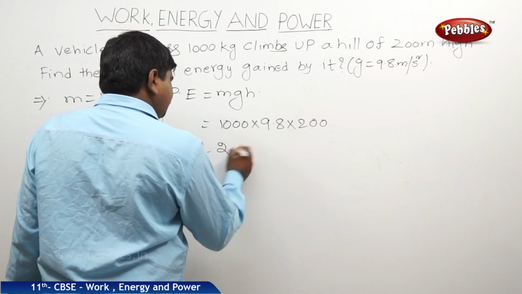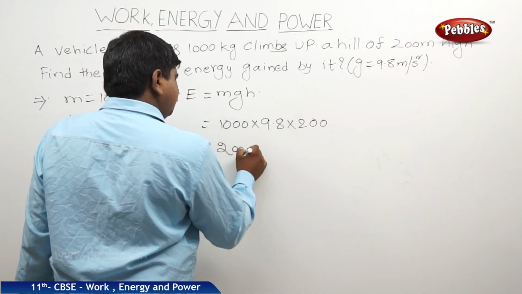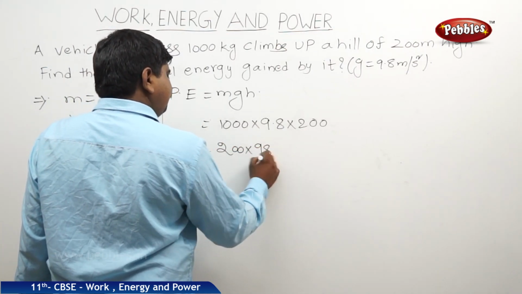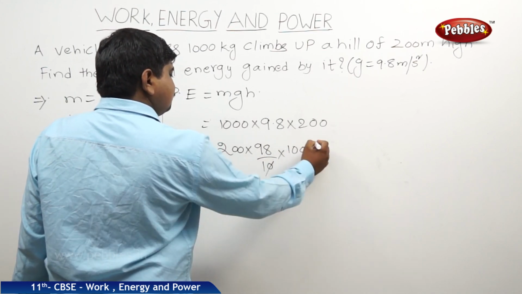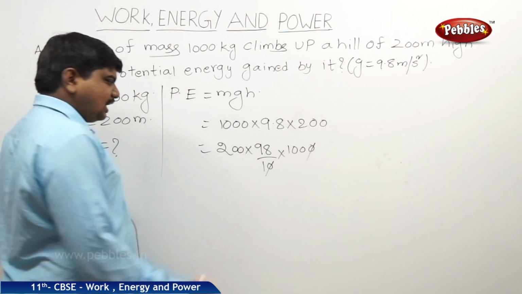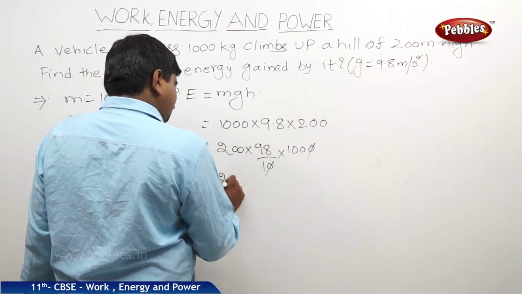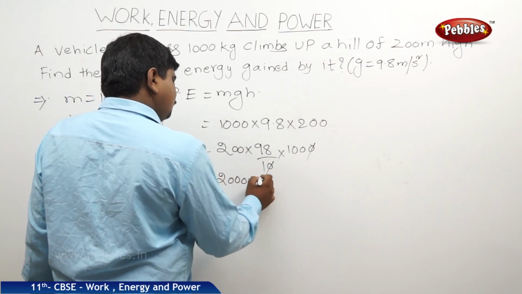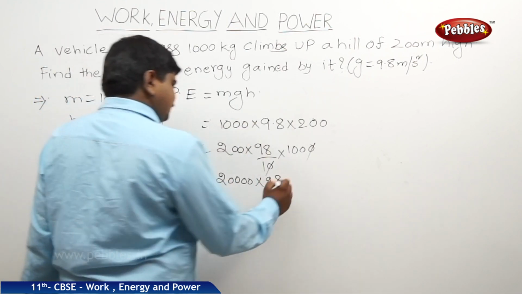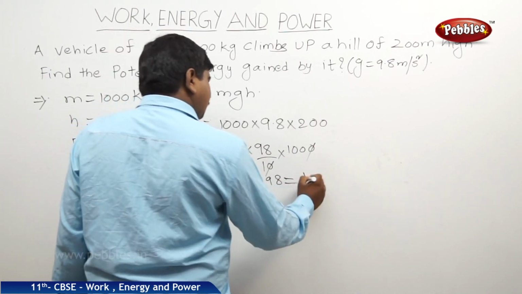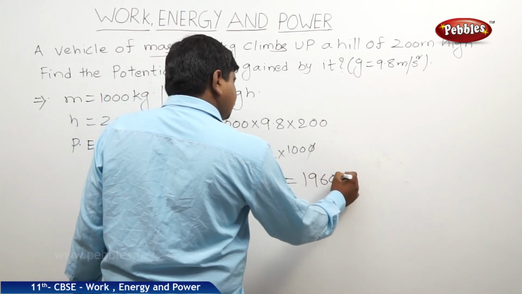So it will be 200 into 98 by 10 into 1000. This 10 and 1000 get cancelled, so it will be 20,000 into 98. Therefore, 98 twos are 196, into 4 zeros.